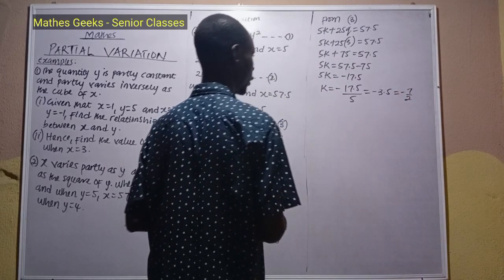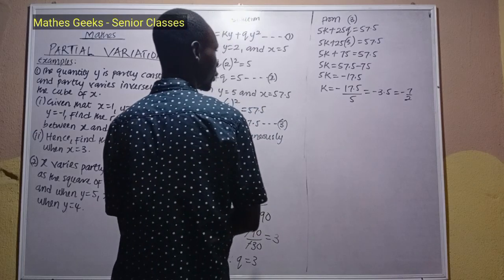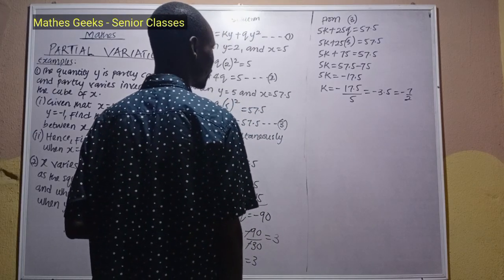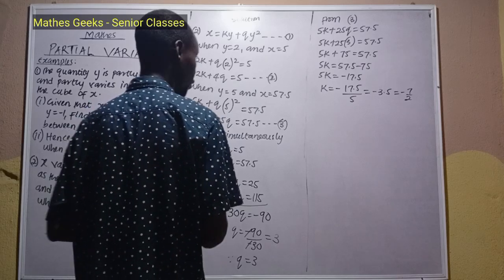So k is equal to minus 7 over 2, and q is equal to 3.